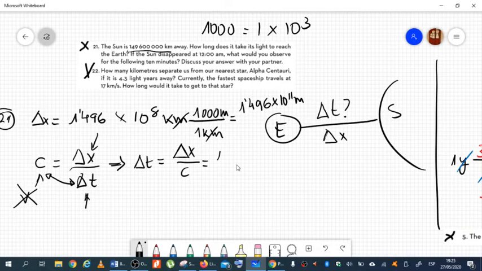So the distance taken is 1.496 times 10 to the power of 11 divided by 3 times 10 to the power of 8, which is the speed of light. So let's do the operation.